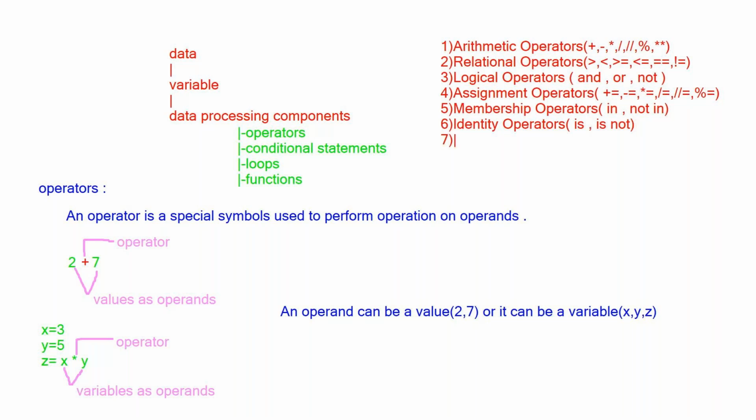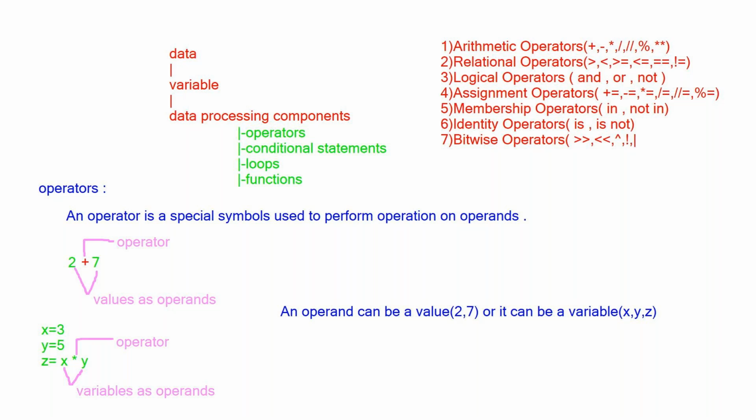And the seventh one is bitwise operators. We will convert a number into zeros and ones, and on that we can perform addition, subtraction, division, multiplication. For that, left shift bitwise operator, right shift bitwise operator, AND operator, NOT operator, OR operator, like this.